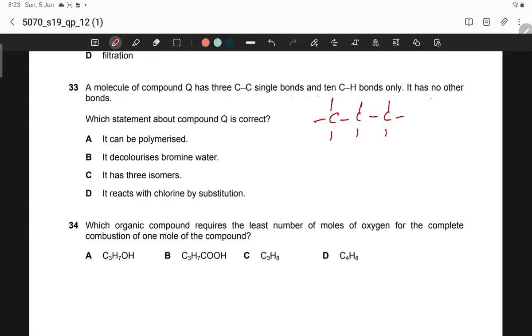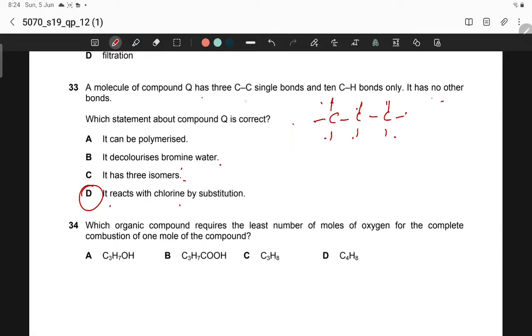It can be polymerized. It decolorizes bromine water. It has 3 isomers. It reacts with chlorine by substitution reaction.